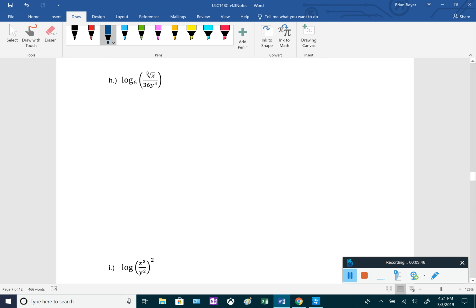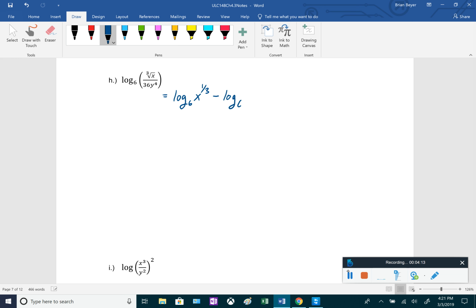log base 6 of the cube root of x over 36y to the 4th. Okay, so we have 3 factors here. We have an x in the numerator, a 36 in the denominator, and a y in the denominator. So there's going to be 3 log base 6's. So it's going to be log base 6 of the cube root of x. I'm going to give it an exponent of 1/3. The next ones are going to be negative because they're in the denominator.